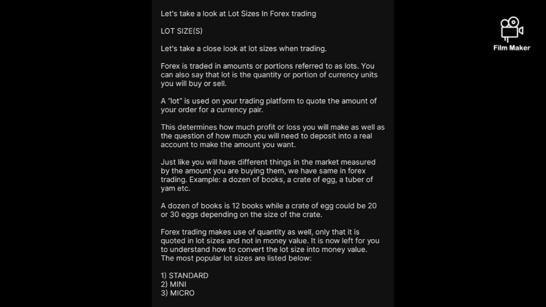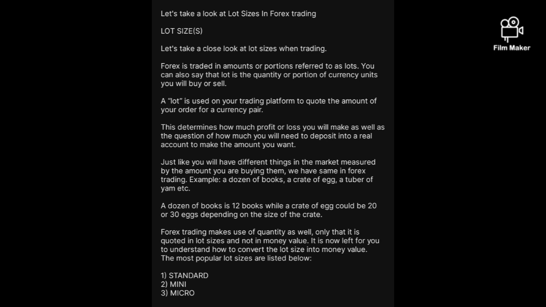This determines how much profit or loss you make, as well as how much you need to deposit in a real account to make the money you want. Just like in the market, you have different things measured by the amount you are buying.